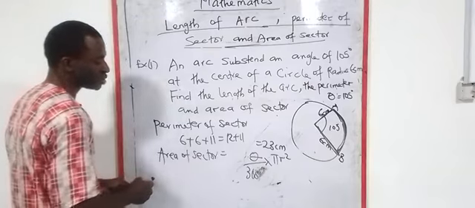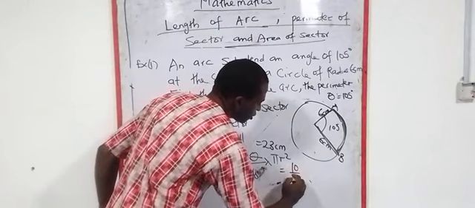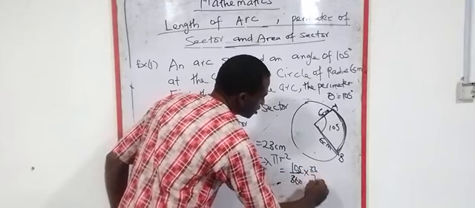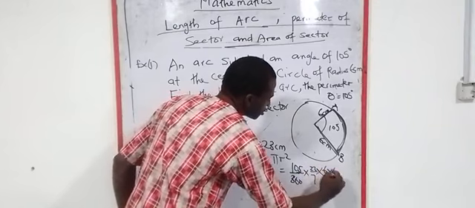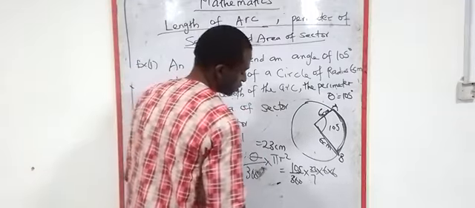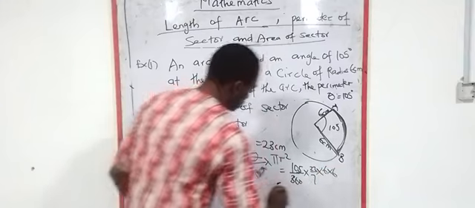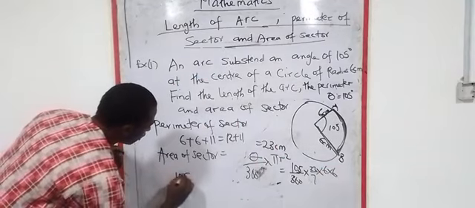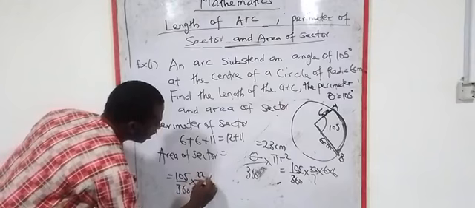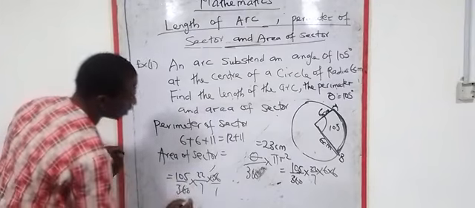Now we are going to substitute everything accordingly in our formula. When we do that, we are going to have 105 over 360 times 22 over 7 times 6 times 6, that is radius squared. That is what it actually stands for. So when you do that, here will be 36. So it will now be 105 over 36, that is 22 over 7 times 36 over 1. 36 here, 1; 36 will go to here 10 times.